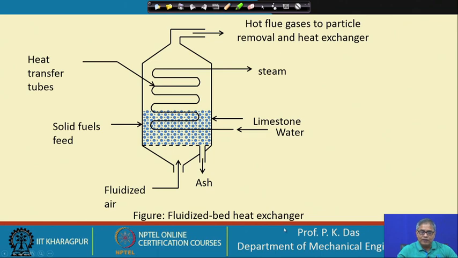What one can find is that water enters and steam comes out of this serpentine coil, which has a large length within the heat exchanger. Part of it is submerged in a particulate bed, and this particulate bed may contain some inert material and some combustible material.